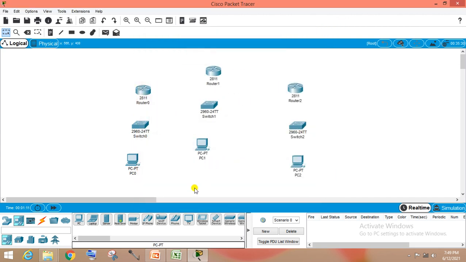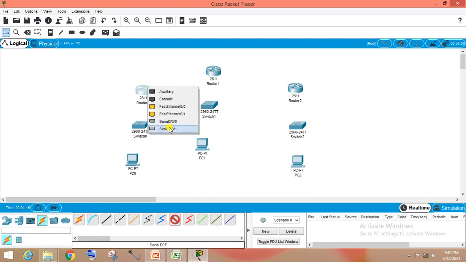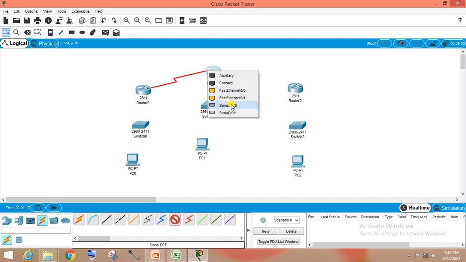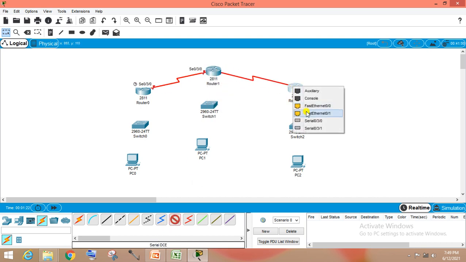Okay, now connecting the cables. There is one node connected. Then connect the switches.